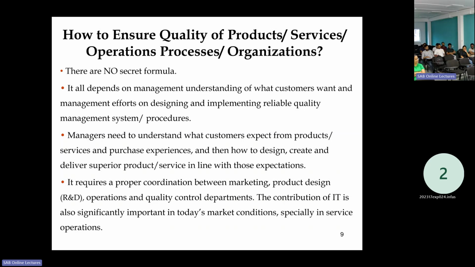Now, there are two aspects. One is from the customer's side. This is about customers' reaction. How do they feel about the product after consuming it, once they consume the service? Before purchasing the product, what do they have?